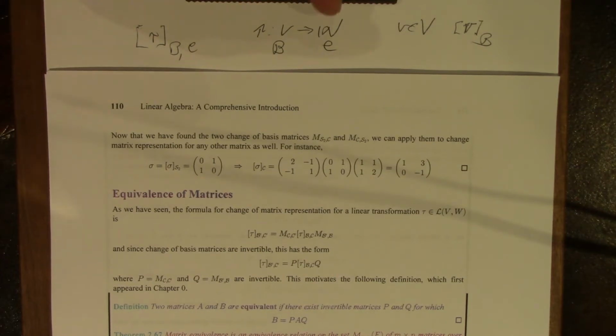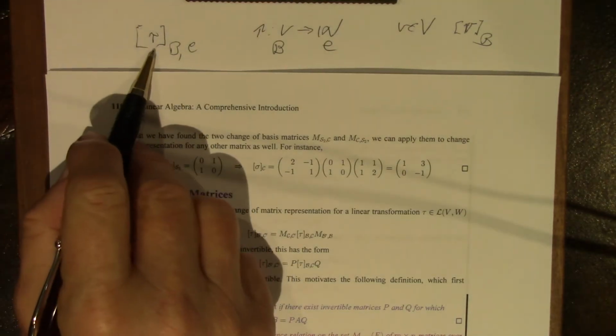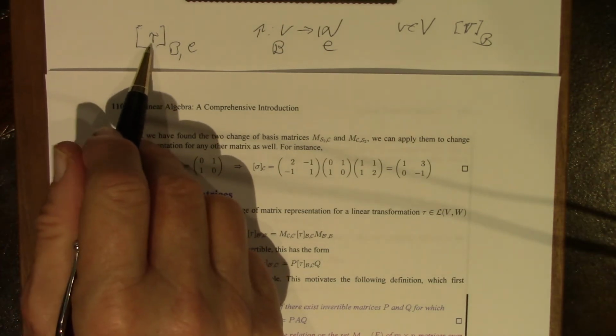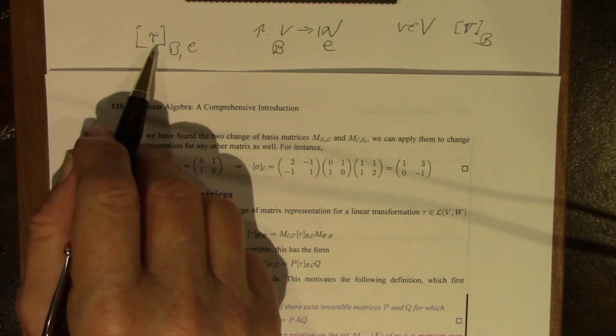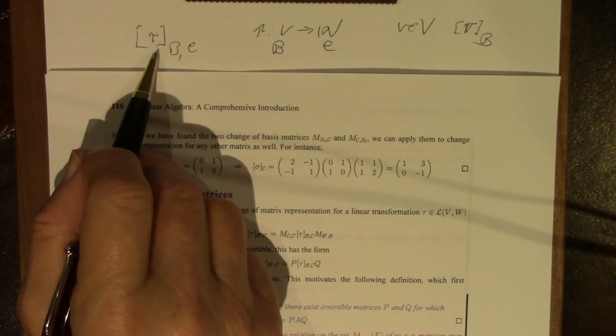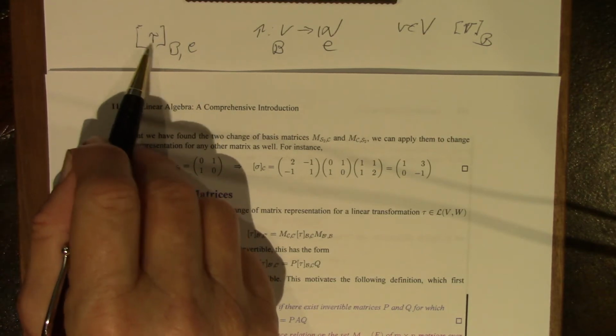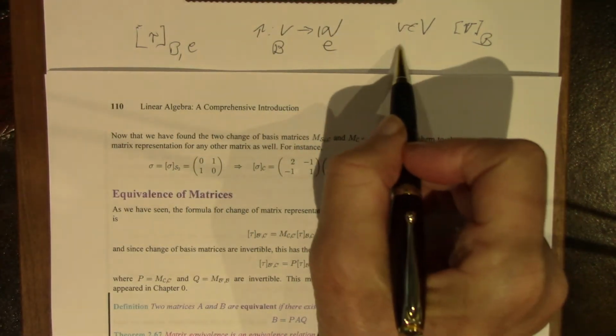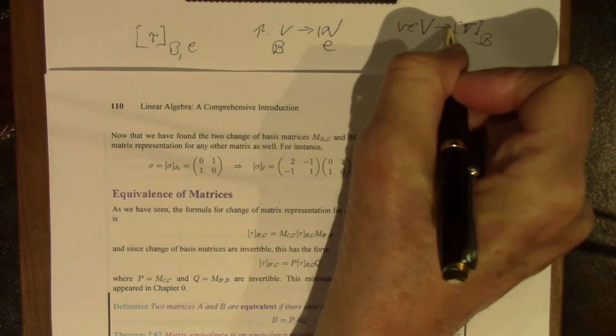And similarly, if we're willing to ignore the difference between a vector in W and its C coordinate matrix, then we can say that this matrix representation of tau is in fact tau, and so application of tau is the same as multiplication by this matrix. That is, of course, subject to this identification here.